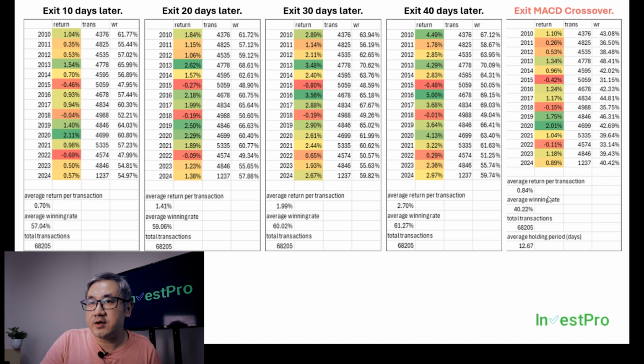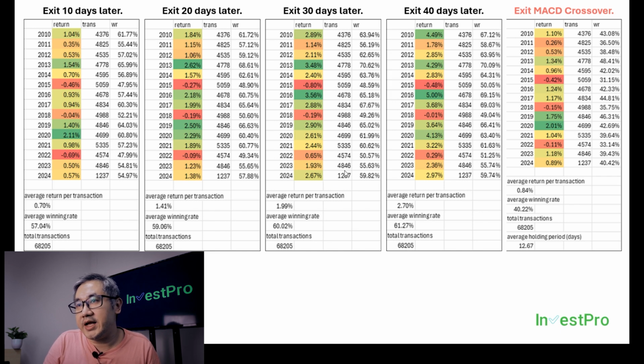And from this table itself, it's kind of clear to me that if I exit my positions randomly, I might be better off, especially if I'm exiting 20 days and above. So randomly, or in general, when I exit without the MACD crossover, but just choose one random date, maybe 21 days or it can be 30 days.